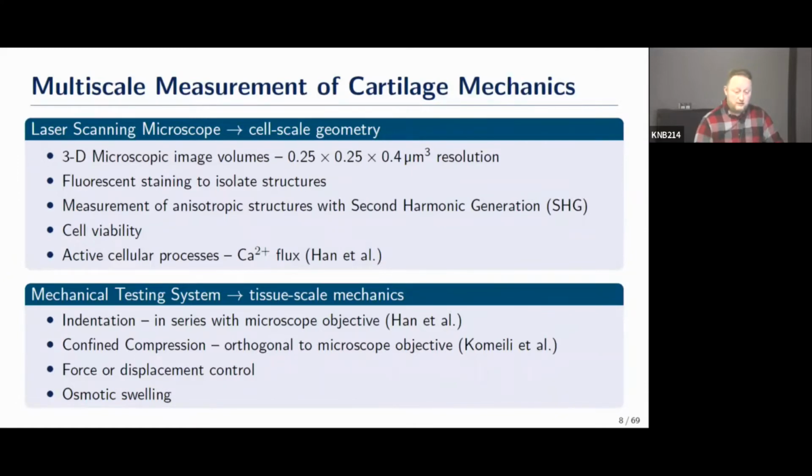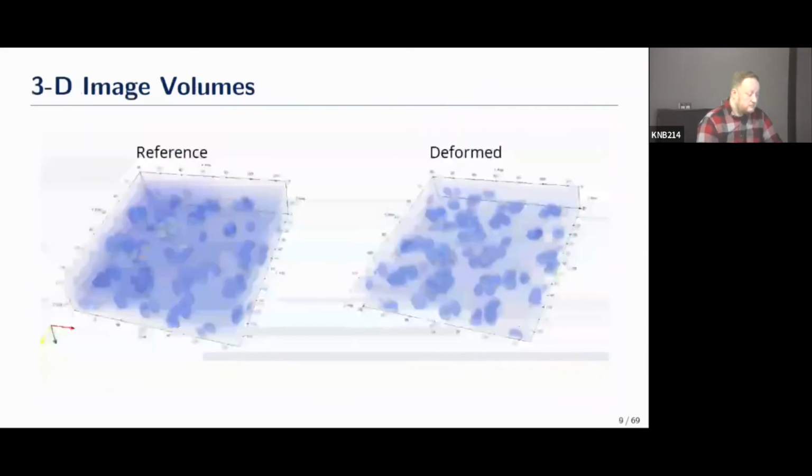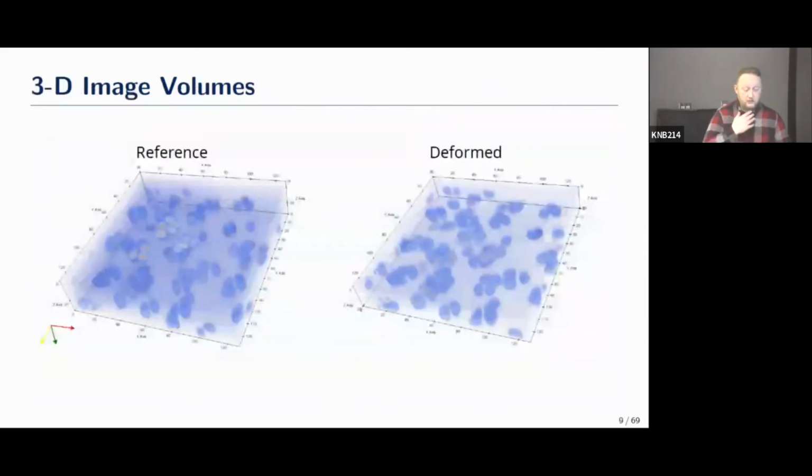And so we have a picture of the cellular scale geometry synchronized with tissue scale loading. In that way, you're doing a multi-scale experiment where you can observe the relationship in those mechanics.